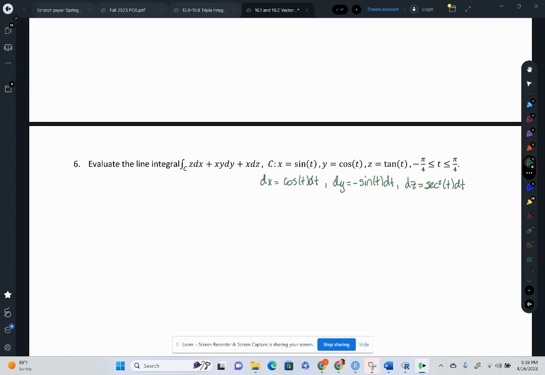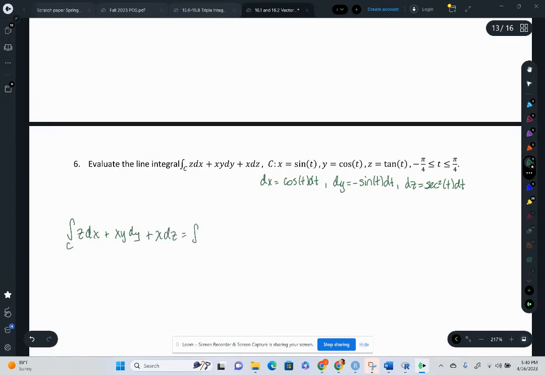Okay, then let's see, I think I have all my parts. I can go ahead and put stuff in. So we're looking at the line integral over C of z dx plus xy dy plus x dz. This is the integral from minus pi fourths to pi fourths, according to what they gave us. Z is tangent of t.